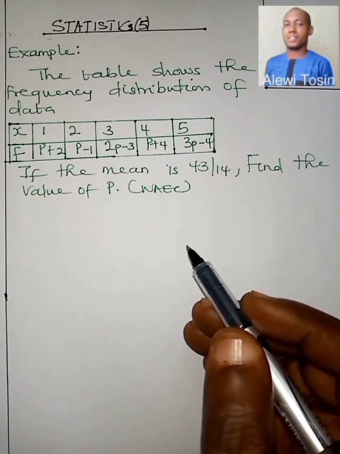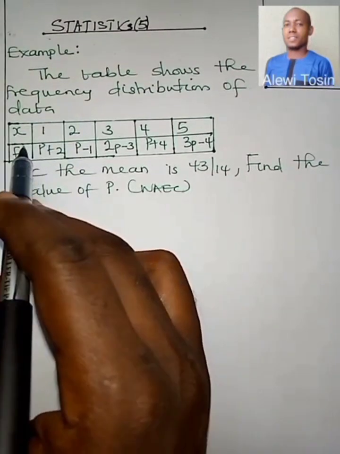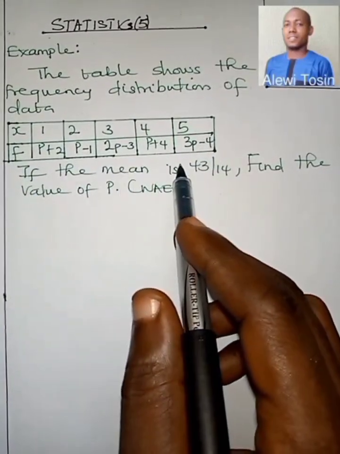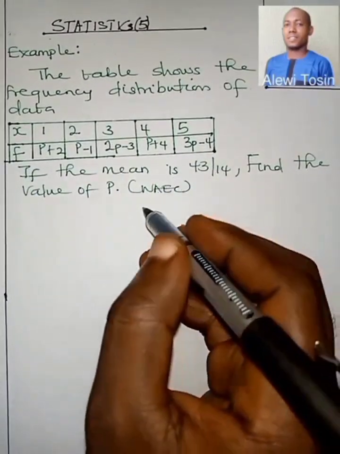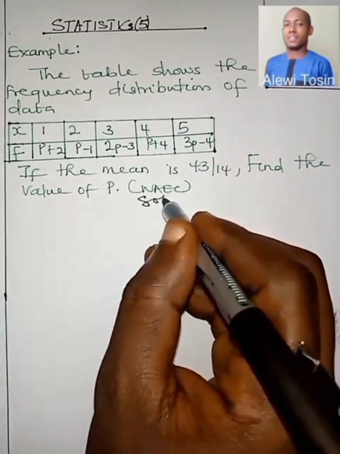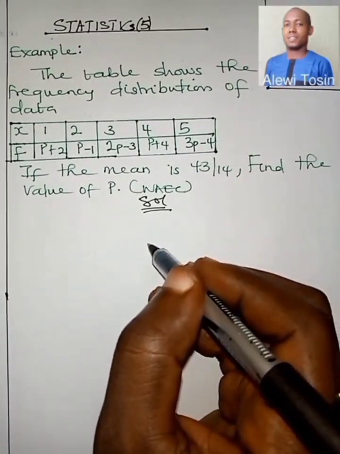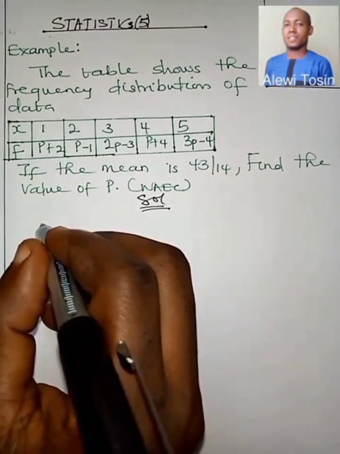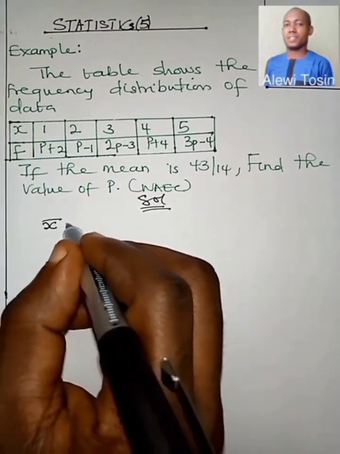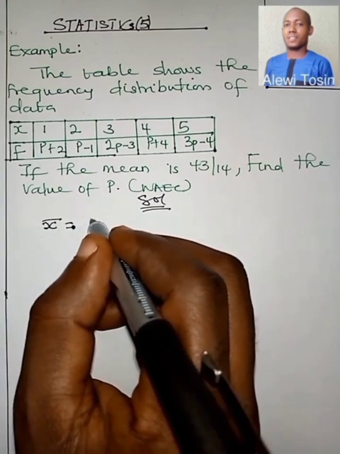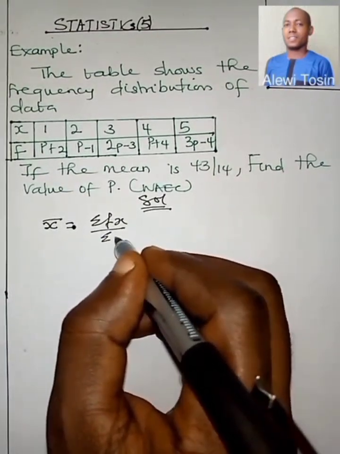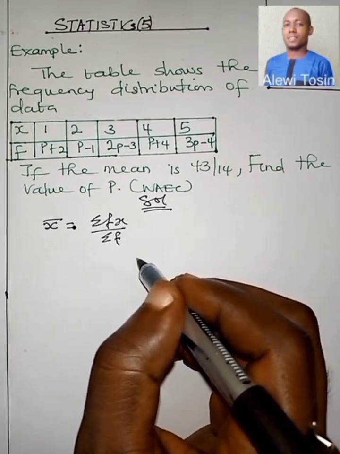Consider this table. We have this as our x and this as our f. In our last class, when we were taking the mean, we said the mean is denoted by x-bar and is given as summation fx over summation f.